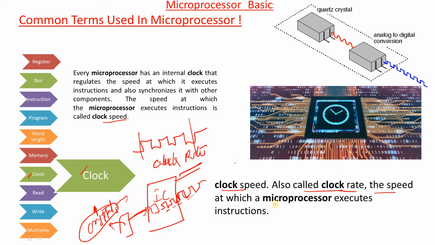In this diagram, we are using a clock crystal because of the stable frequency it generates. With the help of that stable frequency, the analog to digital converter gives some digital representation, digital signal values. With the help of this regular time interval of zeros and ones combination, the processor will use these clock pulses.